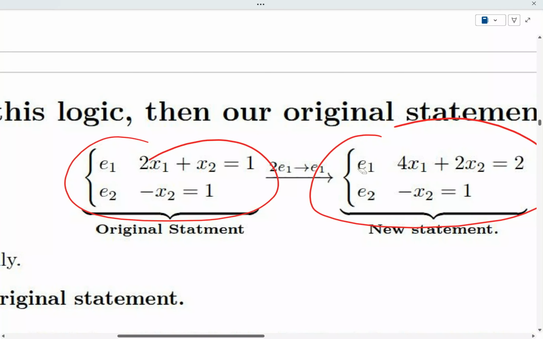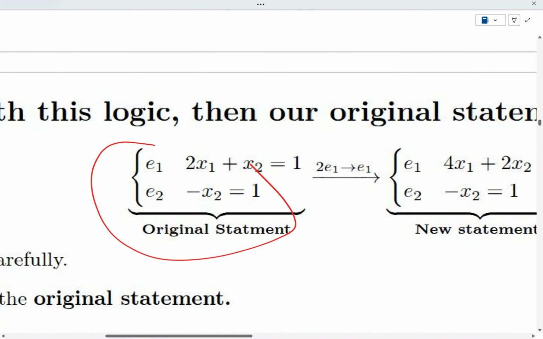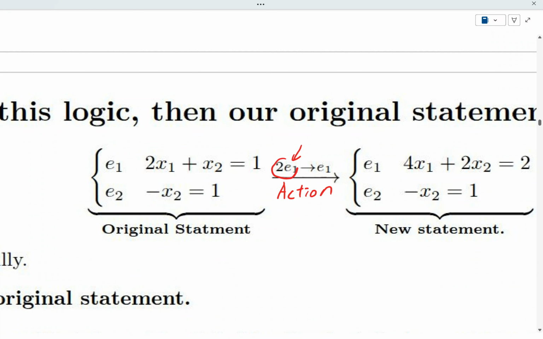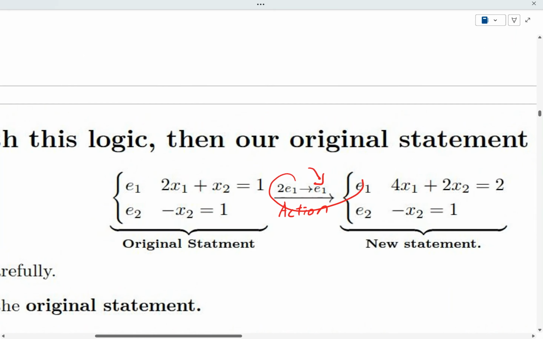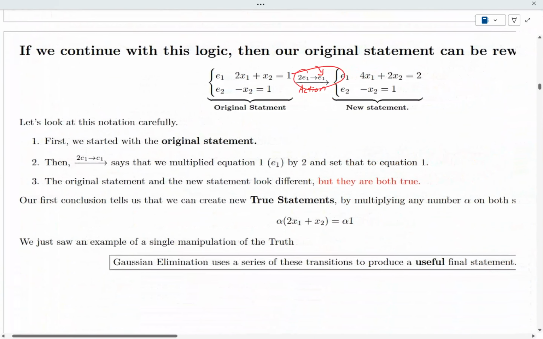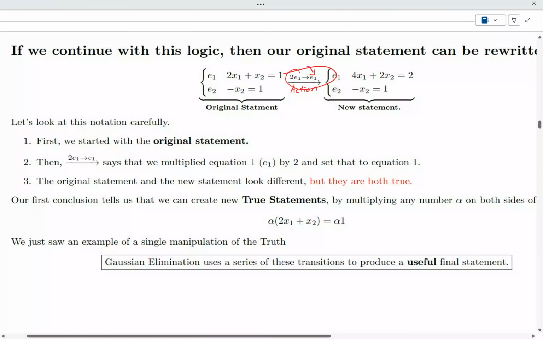Now, the key you want to notice is that we start with some statement, and then this is some kind of action. And the way we define action is, here's the equation. What did we do with the equation that results in the new equation 1? That's what this notation is telling you. So our first conclusion tells us that we can create a new true statement by multiplying any number on both sides.